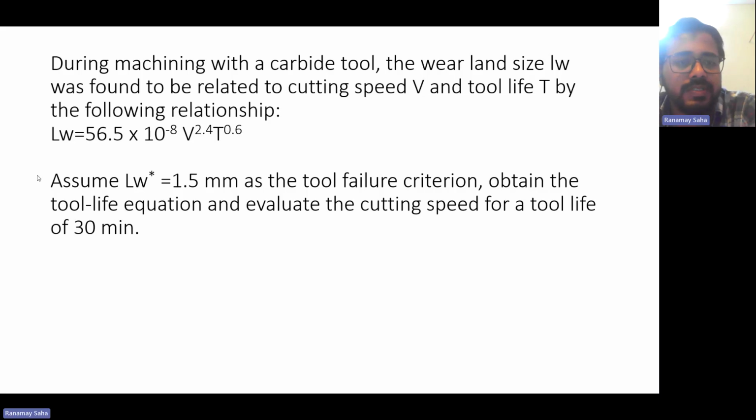You can assume LW of 1.5 mm as the tool failure criterion, which remains the same across tools. You have to obtain the tool life equation and evaluate the cutting speed for a tool life of 30 minutes. Just give it a try and then discuss the solution.